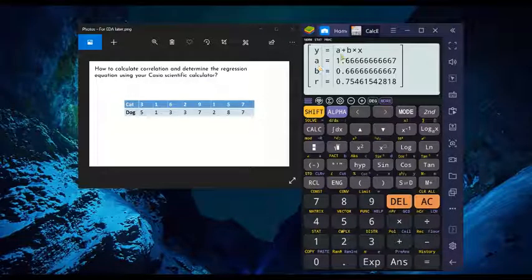So, using the regression equation, gagawa kayo ng estimate o prediction kung ilan yung dog sa bahay na yon. So, I hope you get the point. Okay? So, ganun po yun. So, again, this is a regression, 0.7546. The equation is y is equals to 0.667x plus 1.6667. Okay?